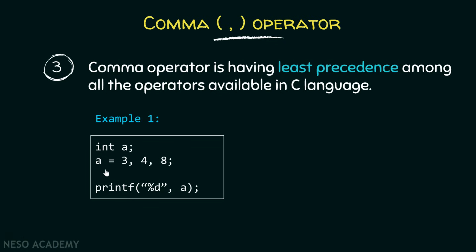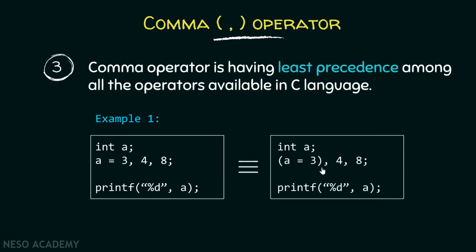But you are wrong. As comma operator is having the least precedence, and we can see that there is one more operator called assignment operator. As assignment operator is having higher precedence than comma operator, therefore it will be evaluated first. This particular statement is equivalent to this statement over here. Here I have mentioned brackets just to make this point clear that assignment operator is having greater precedence than comma operator.